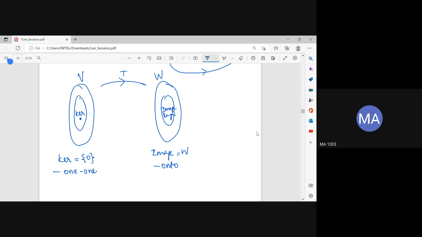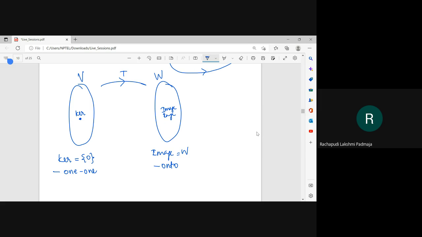If the kernel is just this single point, then the circle is going to be missing, right? In this case, will the map be one-to-one? Yeah, that's what the condition is, right? The kernel is the zero vector if and only if the map is one-to-one. And if this circle is missing, what do you know?